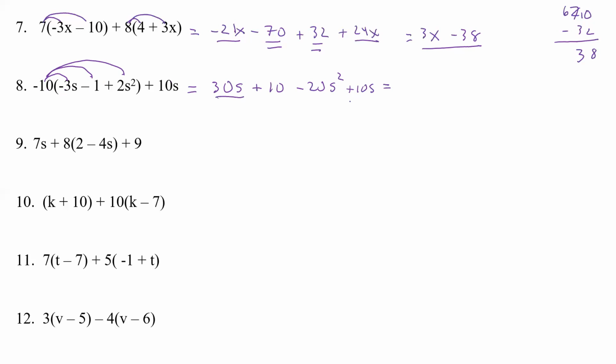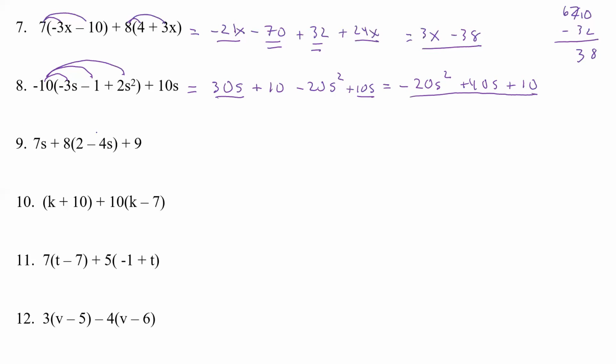Well, that's a like term, and everything else is unlike. So again, sometimes you don't have a lot to work with. So now we have a negative 20s squared. Then 30 plus 10 is 40s, and then plus 10, okay? And that would be the solution to this one.